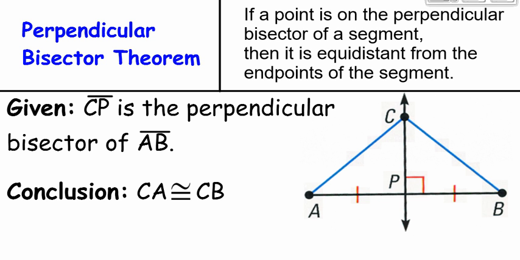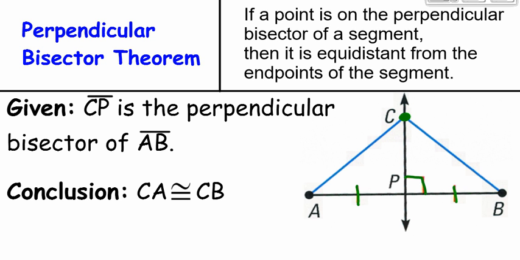Okay, so basically what the perpendicular bisector theorem says is that if I have a point that is on the perpendicular bisector, for example, this point C, I know that because this and this are congruent. My two segments are congruent, and I have a 90-degree angle. That means automatically in my brain, I have a perpendicular bisector.